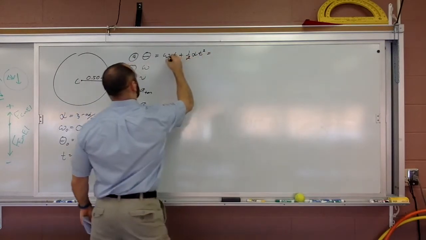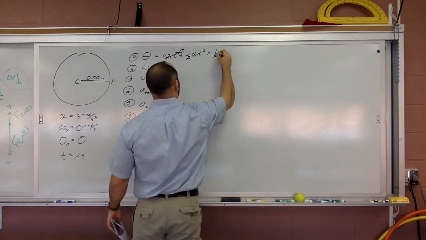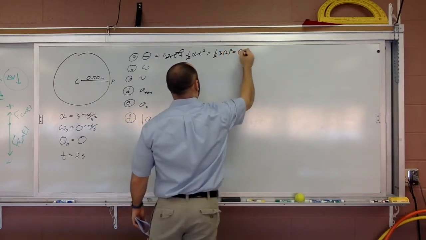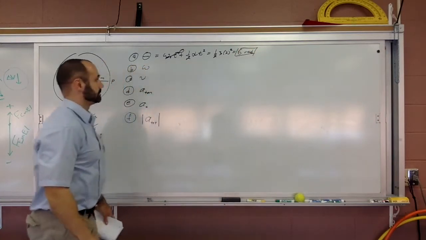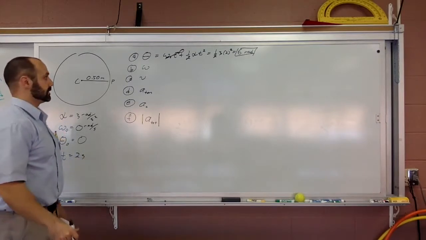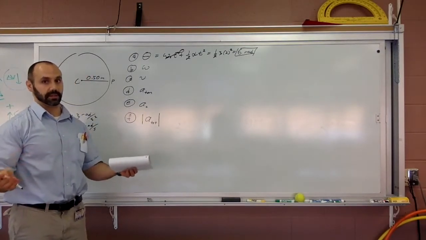So I plug my numbers in. This is 0. Omega naught is 0. So it's 1/2 times 3 times 2 squared. I'm going to get 6 radians. For omega, I'm looking for omega f. Right? So if you were looking for the final velocity, probably vf equals vi plus at.